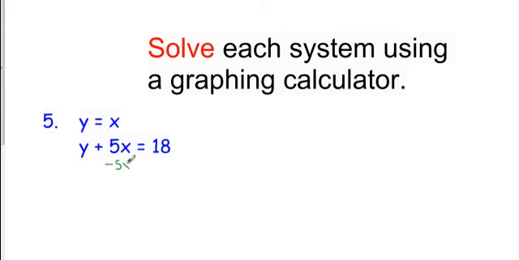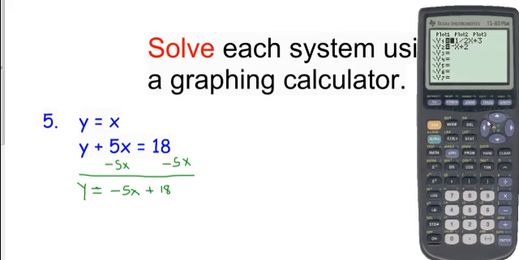Subtract 5x from the bottom equation, and we get y equals negative 5x plus 18. So the top equation is just going to be x. The bottom equation, negative 5x plus 18.